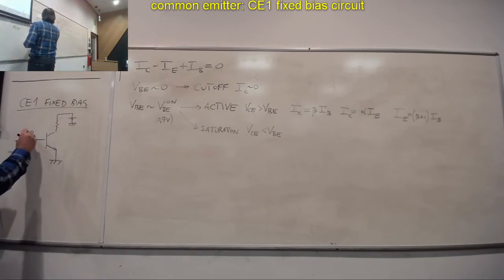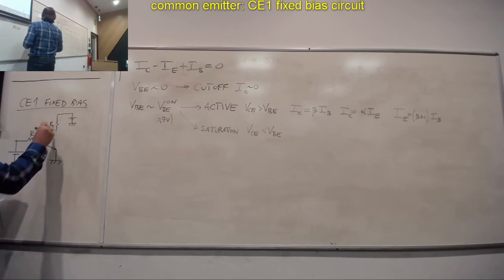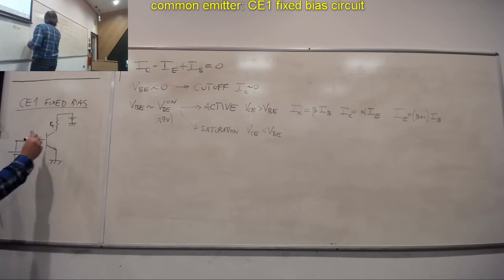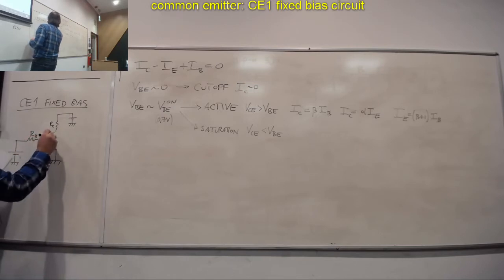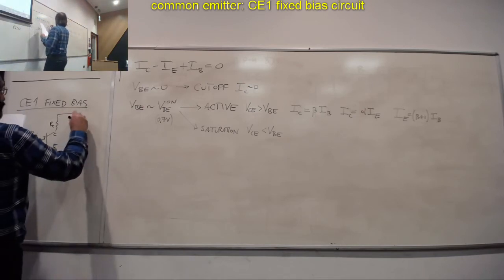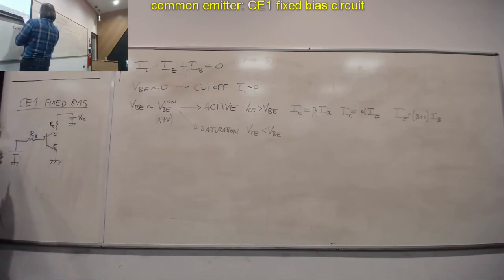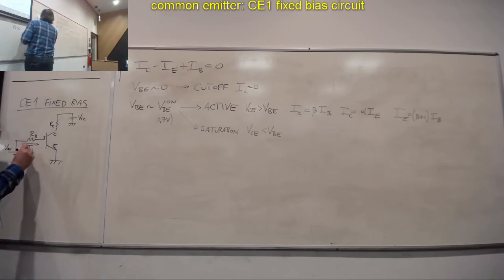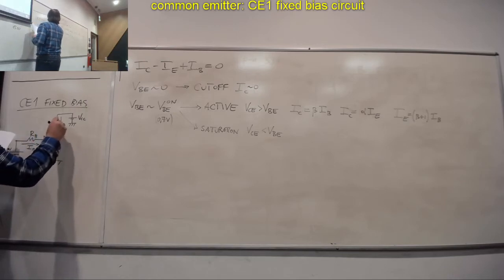So this is RB, this is RC. This is my transistor, B the base, the collector and the emitter. And this is VCC, and this is Vin. This is what we called IB, and this is what we called IC.